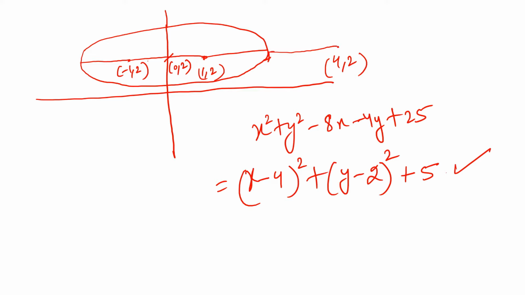That means we have to calculate the minimum and the maximum distance of this ellipse from this given point (4, 2). Because if I calculate that, that will help me to find the maximum and minimum values of (x - 4)² + (y - 2)², and after that we will just add 5 to it to get the range of the given expression.